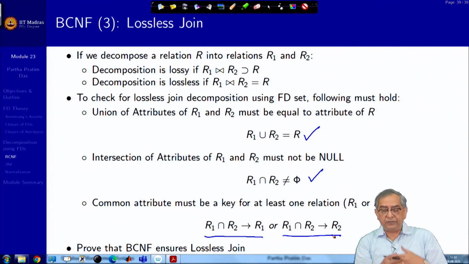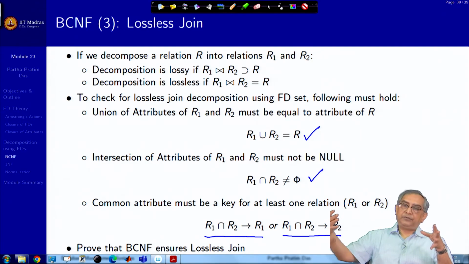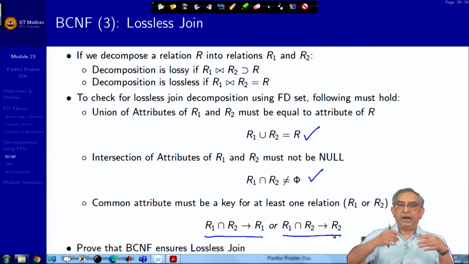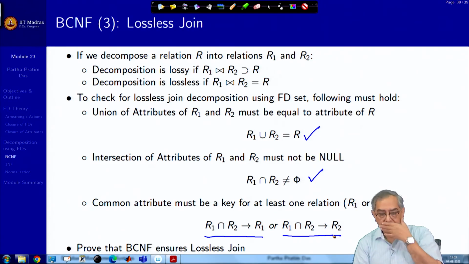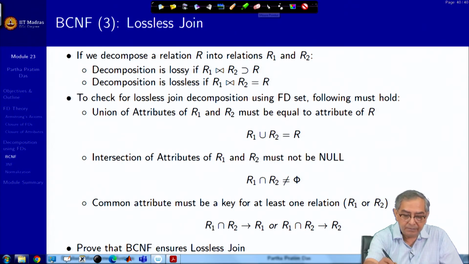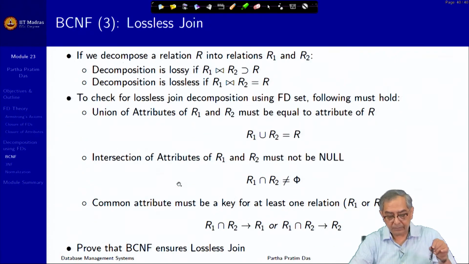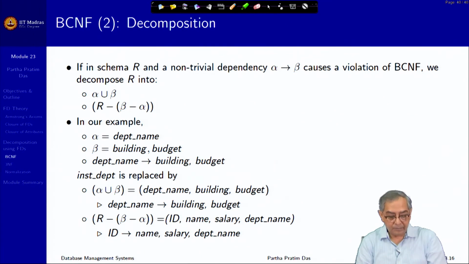The first two conditions are obviously trivial. The last one is not difficult to see, because if one is a key, then that will hold the records, and from the other relation you will be able to naturally add them. Like between instructor and department, the intersection set, if we look at, is department name.